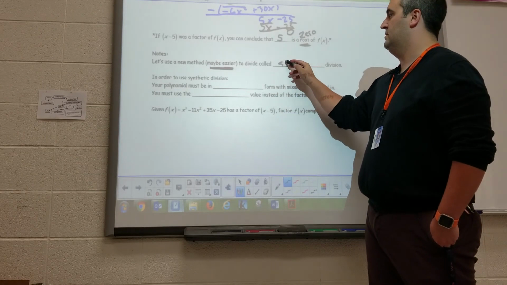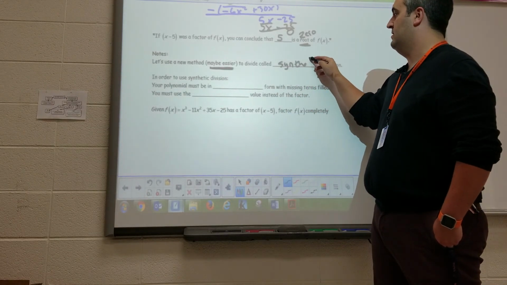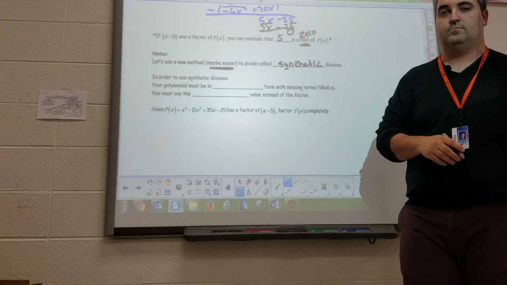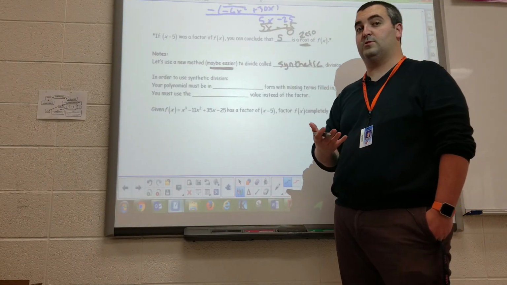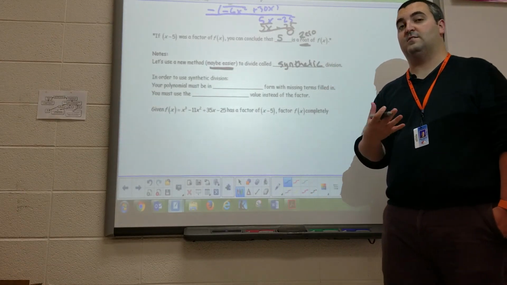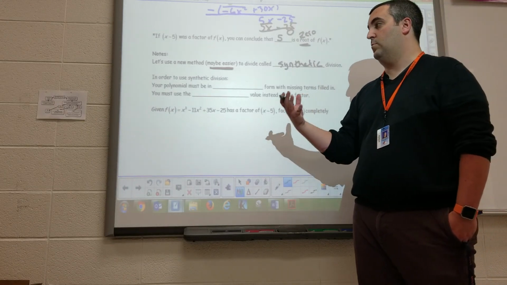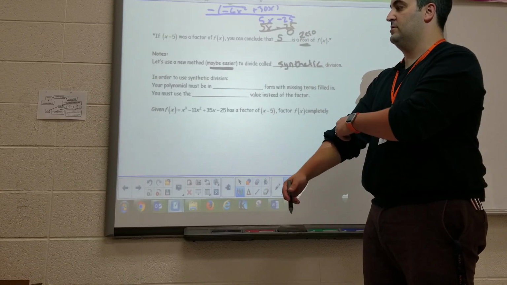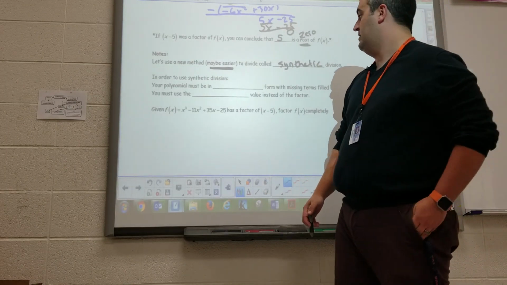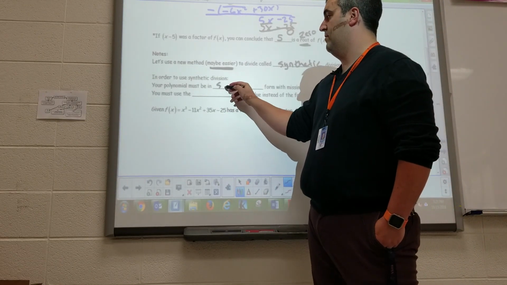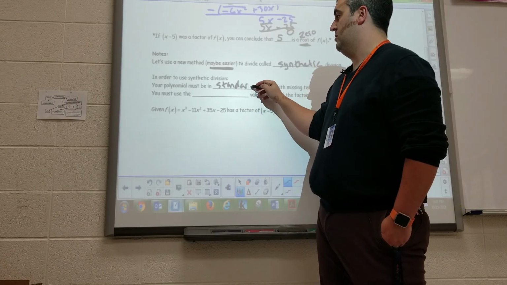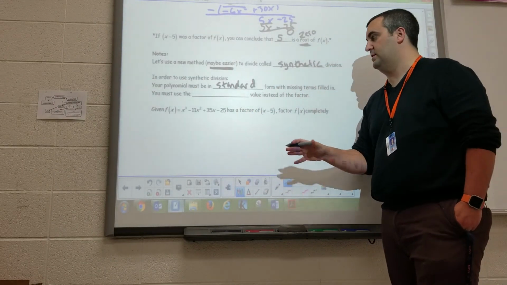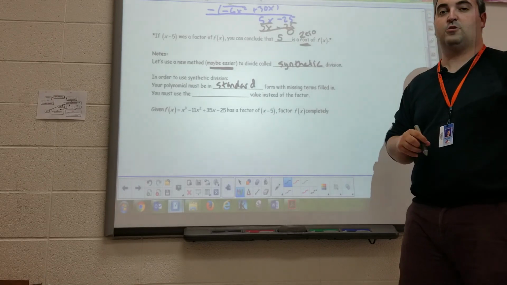And it is called synthetic division. Okay? We've done synthetic substitution before. The process is very similar, but what our answer tells us is something a little different. So in order to use synthetic division, your polynomial must be in standard form. So got to have it multiplied out completely with missing terms filled in.